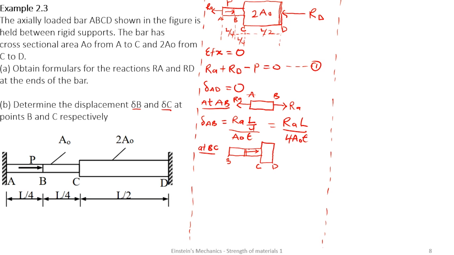I want to section BC and see what actually happens in BC. If I section this, this force P is not going to appear again, but I have this reaction over there, RD. So I'm going to get this half part of BC as that.